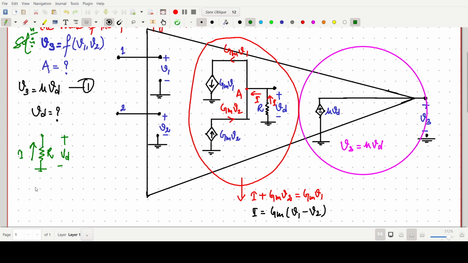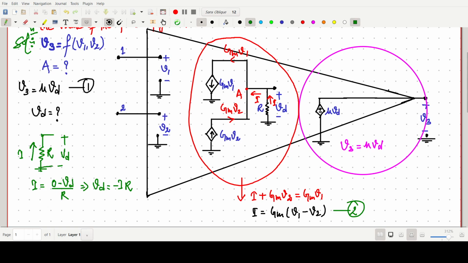So it should be 0 minus vd by R, lower potential minus higher potential. So vd is simply minus I R. This is equation number 2: vd equals minus I R.